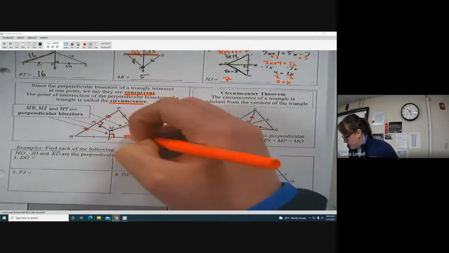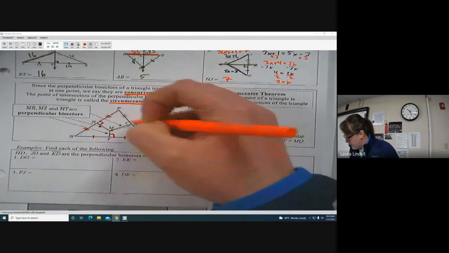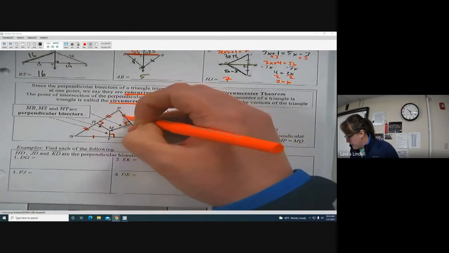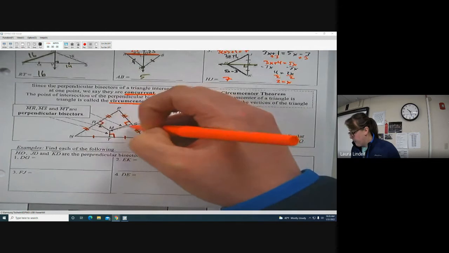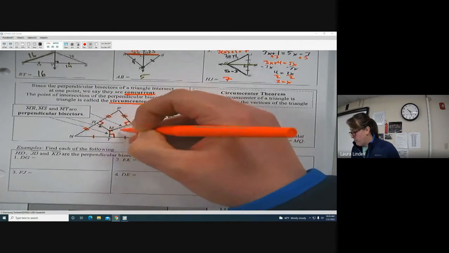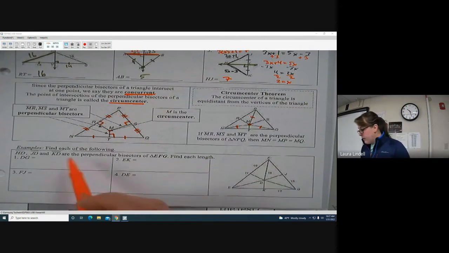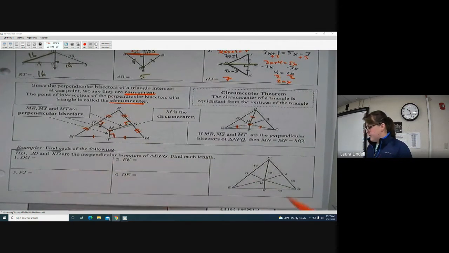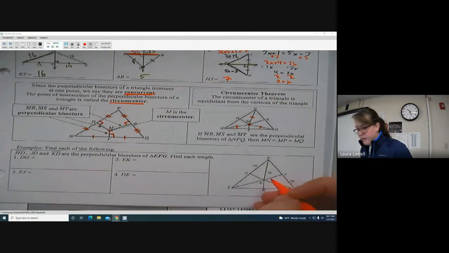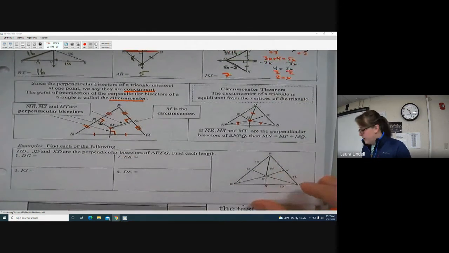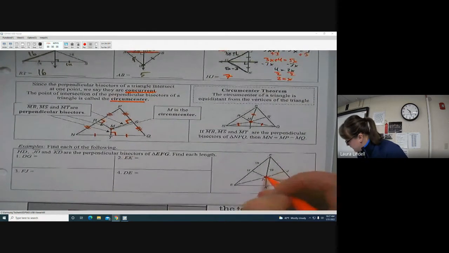This is perpendicular and it's bisecting the side. This is perpendicular and it's bisecting the side. So if that's the meeting point of all three perpendicular bisectors, that's another way we can know that it's the circumcenter. Or you could just be told it in the problem. Or you could be told that these are all perpendicular bisectors. Either way, we know that down here in this example, this point D is a circumcenter.